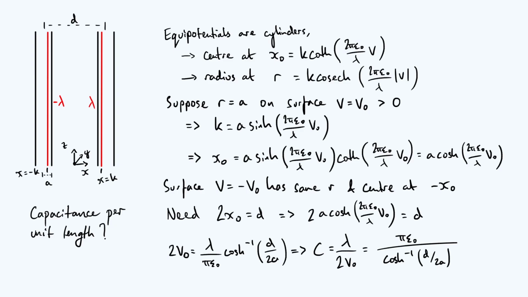Now, it's always good to check, of course, that your exact results and your approximate results are in agreement with each other in certain limiting cases. I will leave it to you, the viewer, to confirm the details. However, all you have to do is notice that the definition of hyperbolic cosine of some argument x is e to the x plus e to the minus x divided by 2.